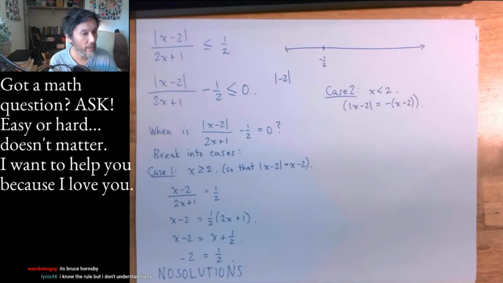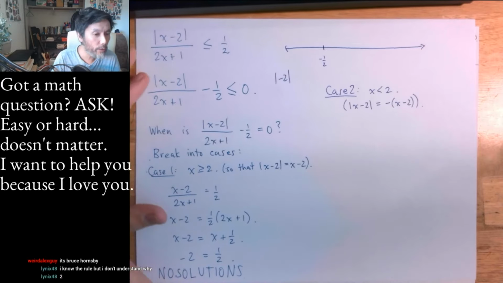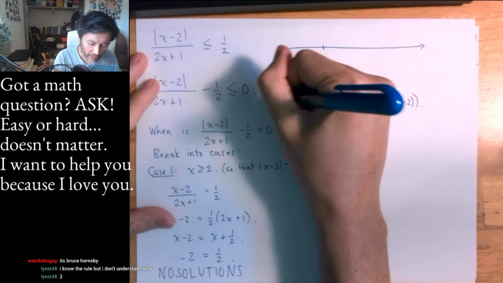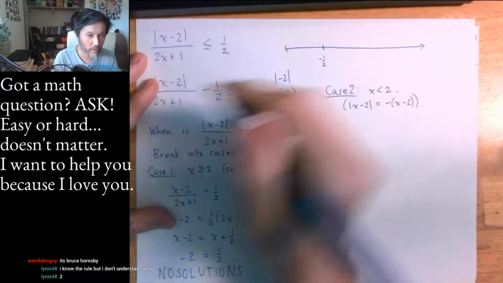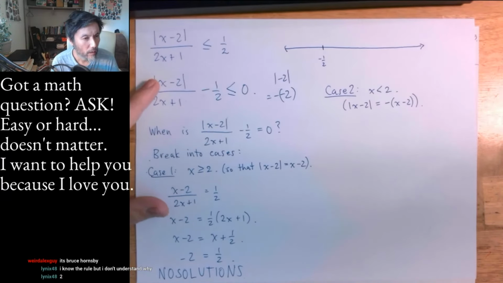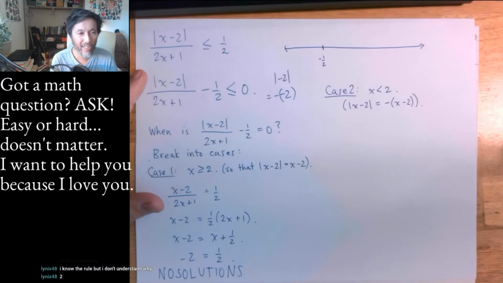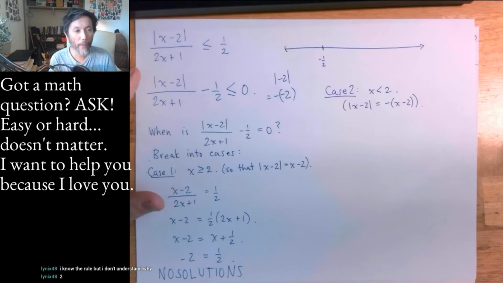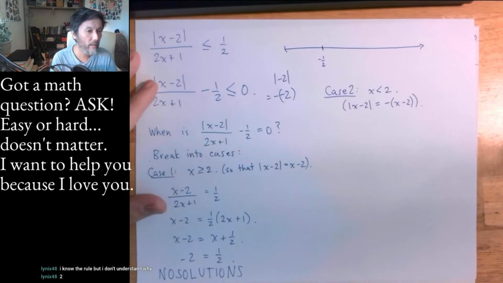I know you know what it is, but just say it out loud, okay? It's 2. And you know what 2 is? It's negative negative 2. What the absolute value bars do to the thing inside, when the thing inside is negative, is apply another negative sign to it.